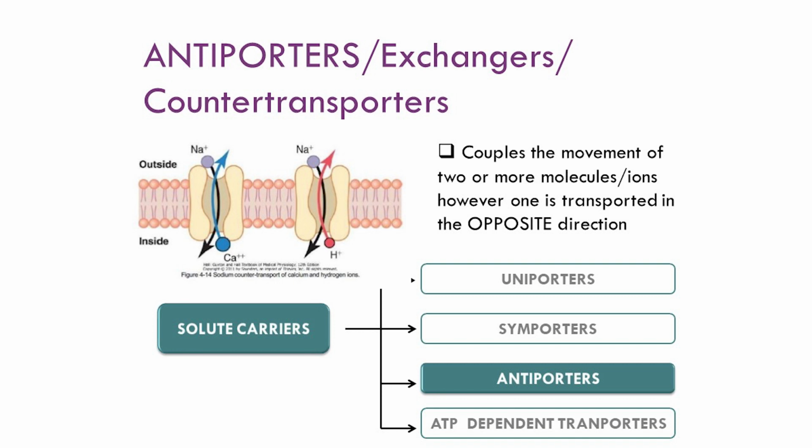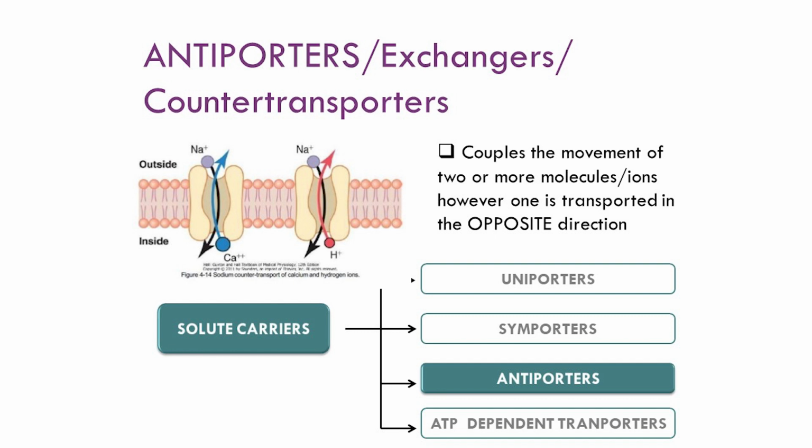Antiporters, exchangers, and counter-transporters are the same. It's basically the opposite of symporters. For example, you have the sodium-calcium exchanger and the sodium-hydrogen exchanger. It couples the movement of two or more molecules or ions, however one is transported in the opposite direction.